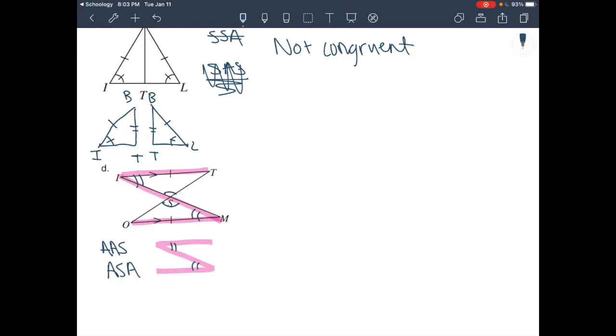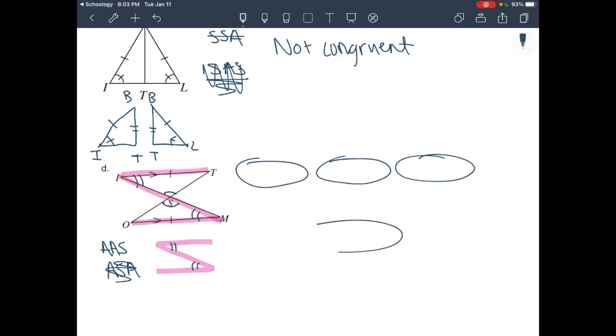So now I've got, in my situation, I'm going to use angle, angle, side. So 3 leading to 1, angle, angle, side. Make sure you're using all the symbols, arrows. Okay, so we got all the info, we just got to throw it in there.